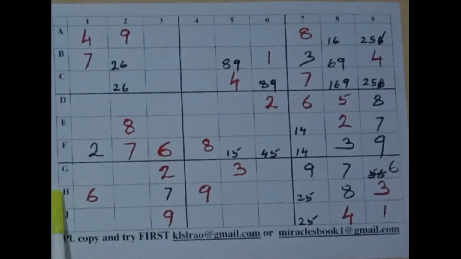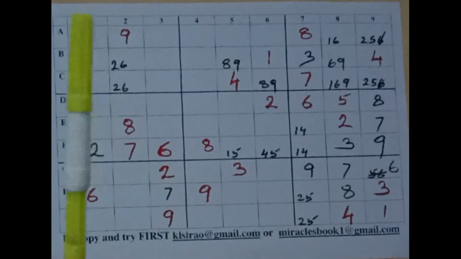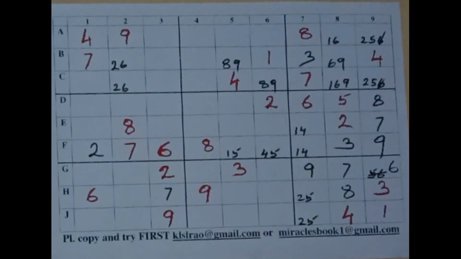I want to show a point, therefore let us start with row H, this row. We require 1, 4, 5 and 2. 1, 2, 4, 5. Okay. 1, 2, 4 and 5.